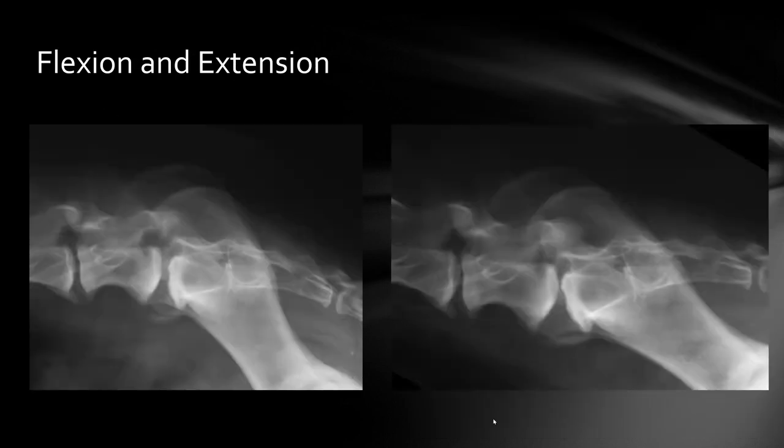I'm not going to say much about this. We used to do a lot of flexion and extension radiography and myelography to look for subluxation with caudal lumbar spondylomyelopathy, cauda equina syndrome, degenerative lumbosacral stenosis. At least here, this has really fallen out of favor. We do not do that anymore.